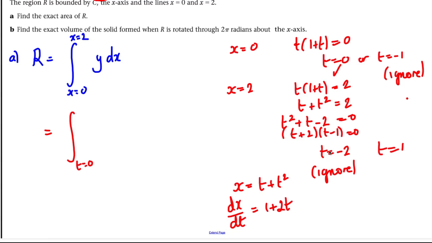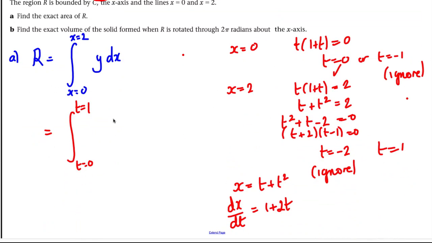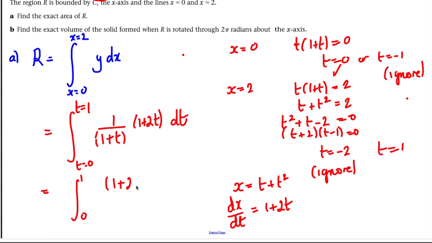When x was equal to 2, t was equal to 1, so it's between t is 0 and 1. y, well we know y in terms of t is 1 over 1 plus t. And we have dx by dt, which is 1 plus 2t, and we're going to multiply it by dt. So this is therefore the integral between 0 and 1 of (1 plus 2t) over (1 plus t) dt.